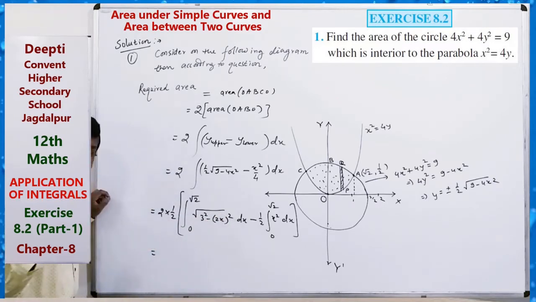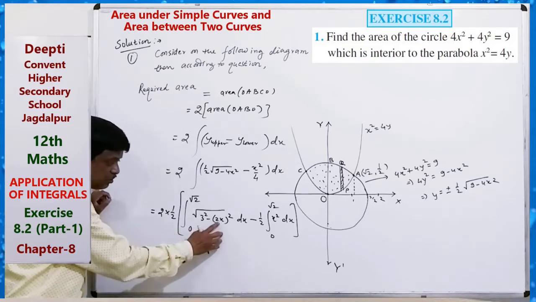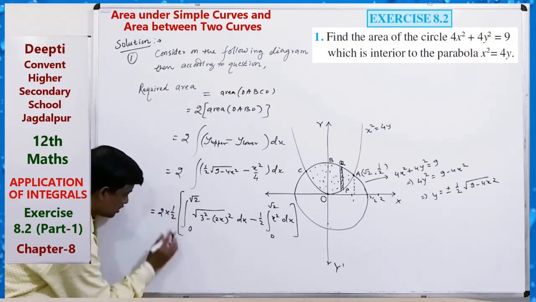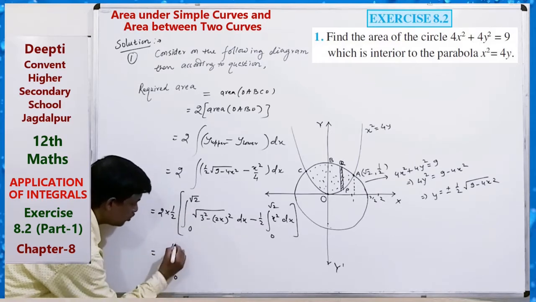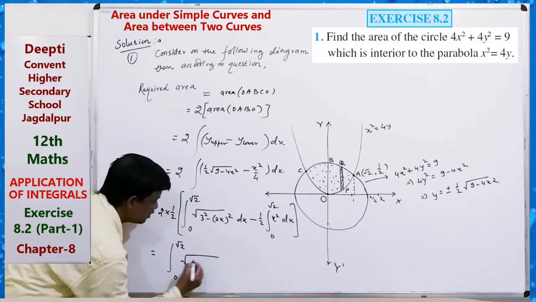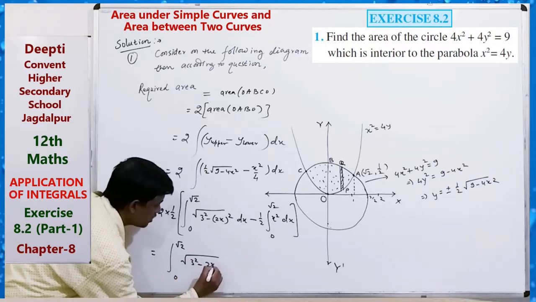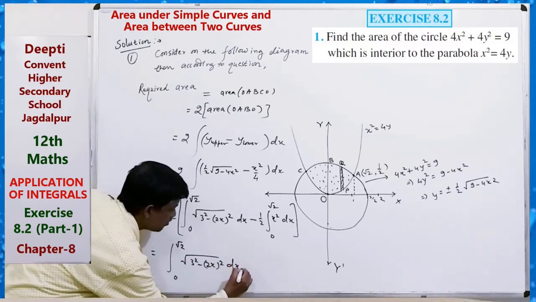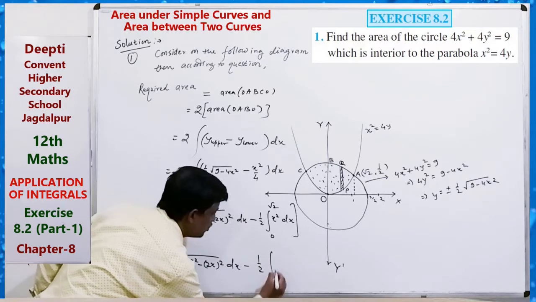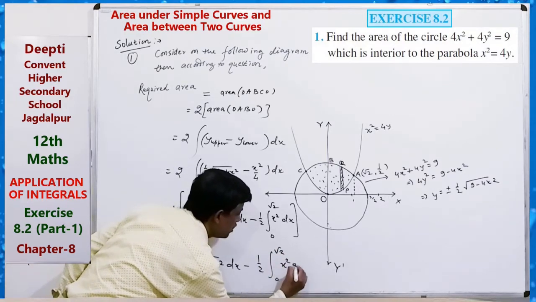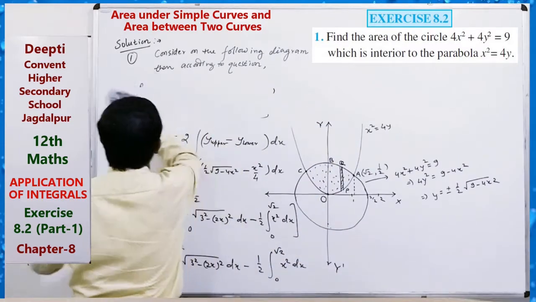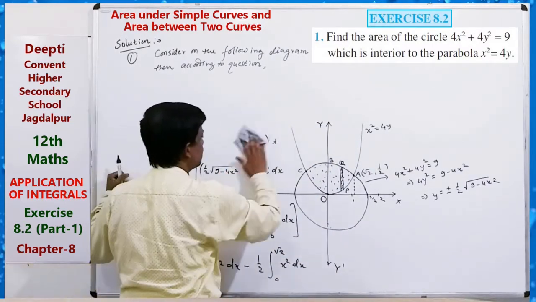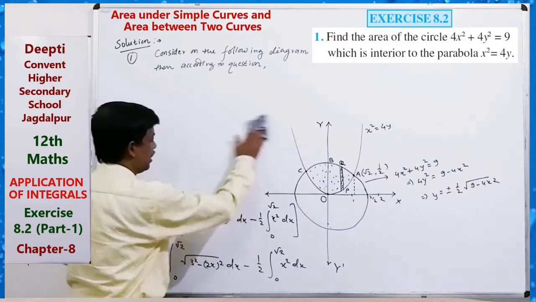So 2x equals to t, then whole integral divided by 2, the coefficient of x. So 1 by 2 for the first integral. So 0 to root 2, root over 9 minus 4x square dx minus 1 by 2, 0 to root 2 x square dx. This is our integral. Now we can solve it. By solving this integral, we can get the required area.